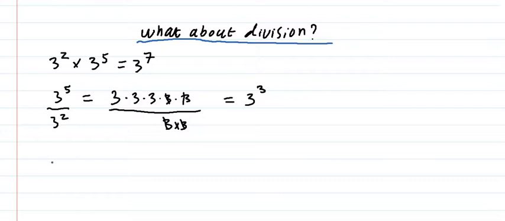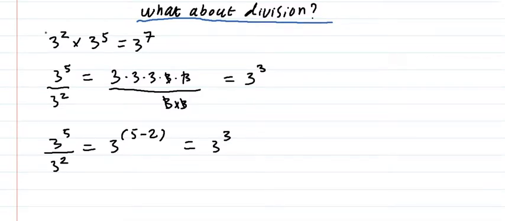And we can rewrite that as 3 to the power of 5 divided by 3 squared equals 3 to the power of 5 minus 2, which gives us the answer above, 3 cubed.